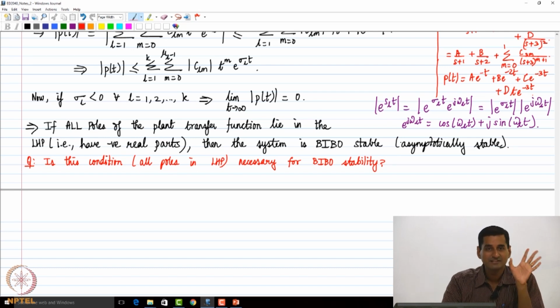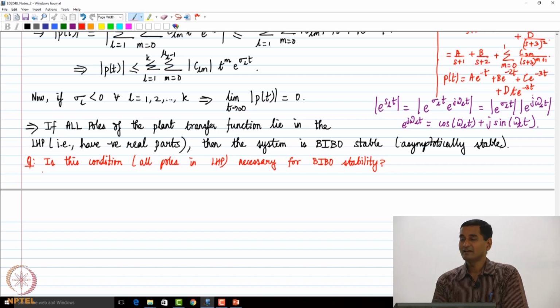If you have repeating poles on the imaginary axis, any bounded input will lead to unbounded output. If you have non-repeating poles on the imaginary axis, you can always find one bounded input for which the output will be unbounded. So that is how we conclude that this is also necessary.